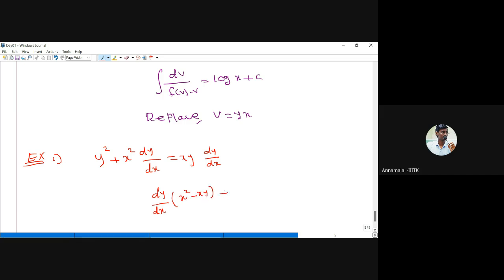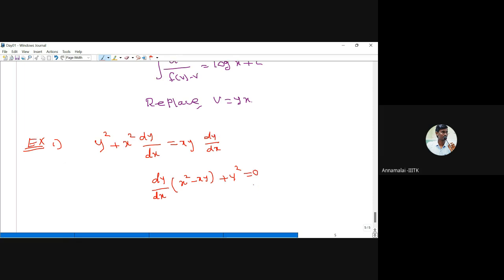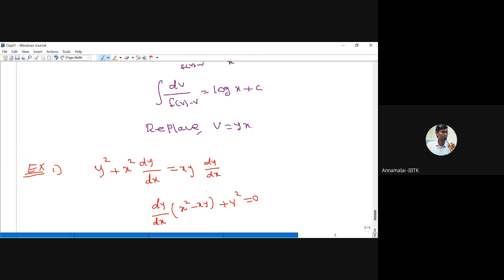And then we have another term y square equal to 0. Now take everything to one side. So now the given differential equation can be written as dy by dx equal to minus y square over, otherwise, we can multiply the minus into the denominator. We get this thing.